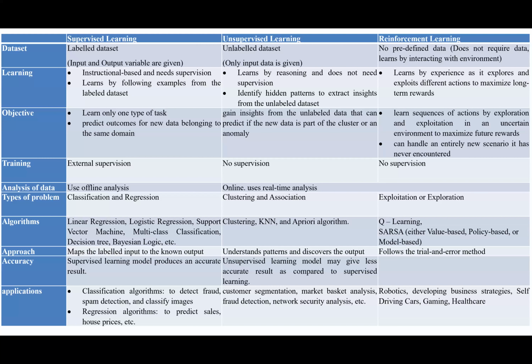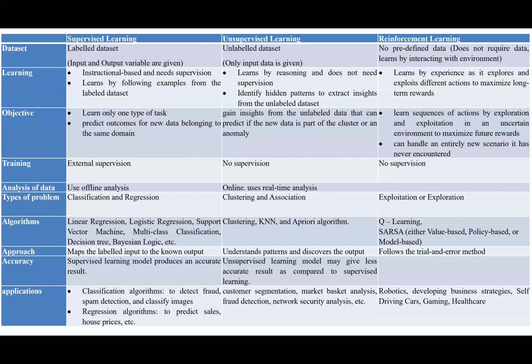Reinforcement learning is used in robotics. It is usually used in very complex applications where we don't have data. If no predefined data is available, we have to use reinforcement learning. If we don't have predefined data, then we can't use supervised and unsupervised learning, and the only type of learning which we can use is reinforcement learning.